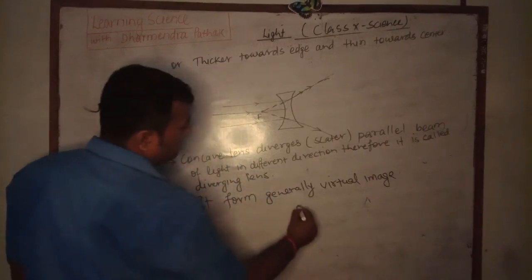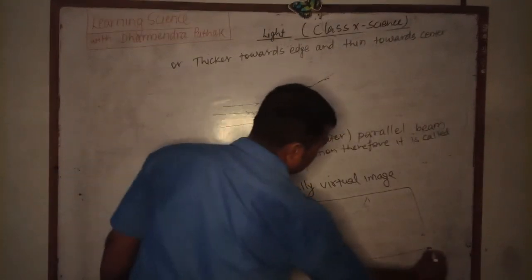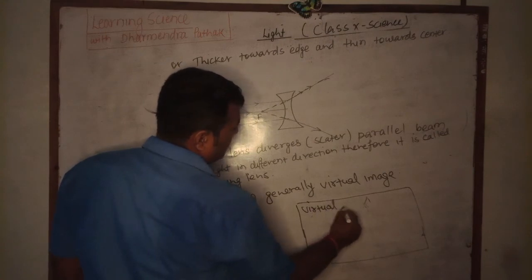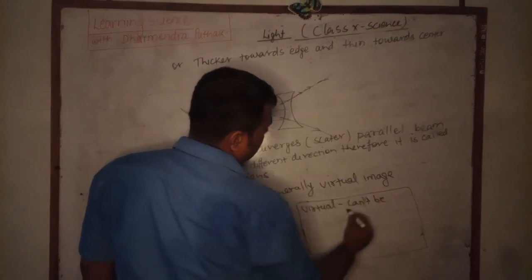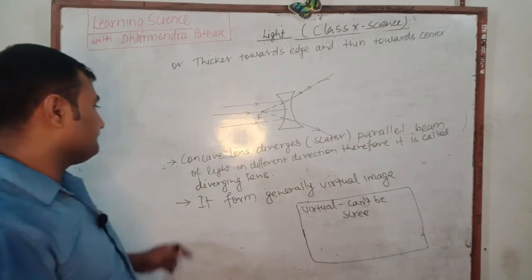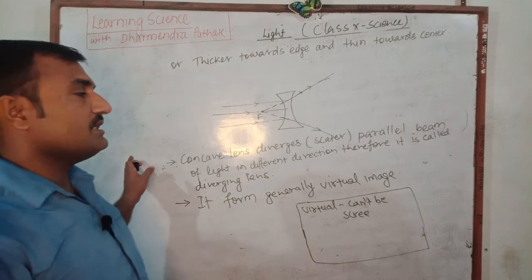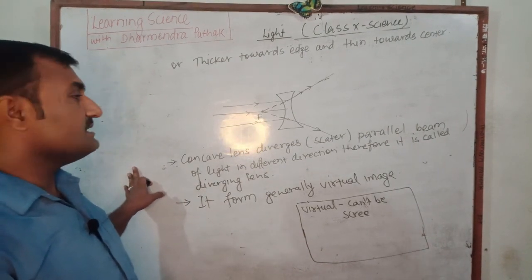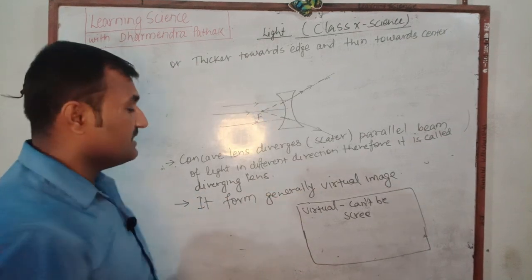That virtual image has different properties. What are the different properties of that? A concave lens diverges or scatters the parallel beam of light in different directions. Therefore, it is called a diverging lens, and it generally forms a virtual image.